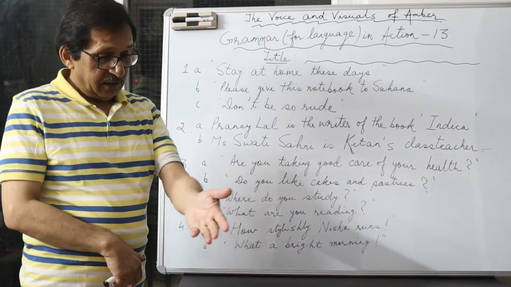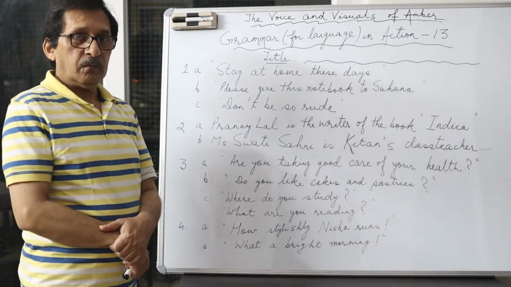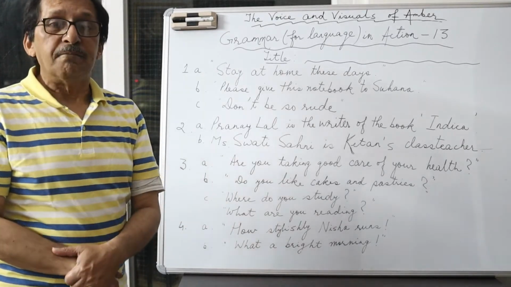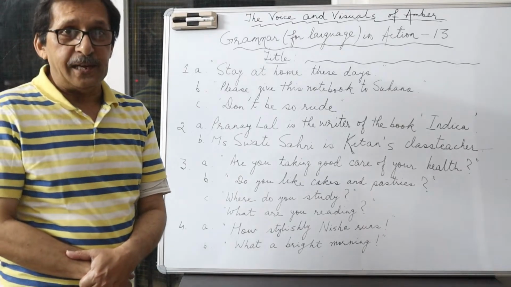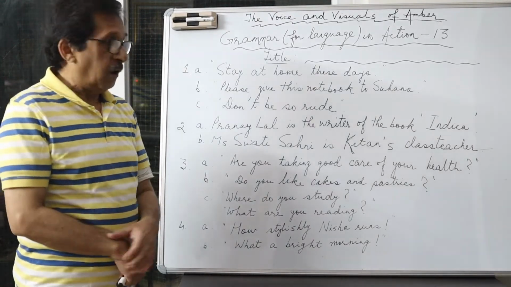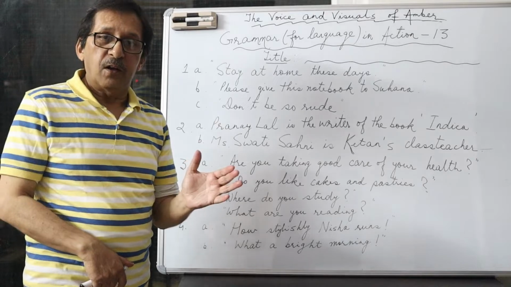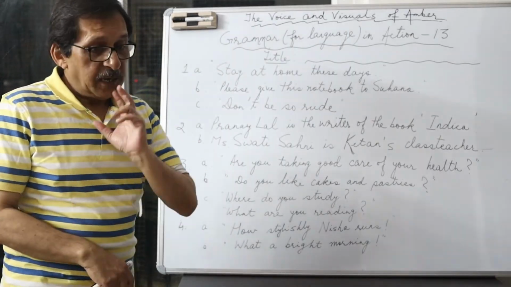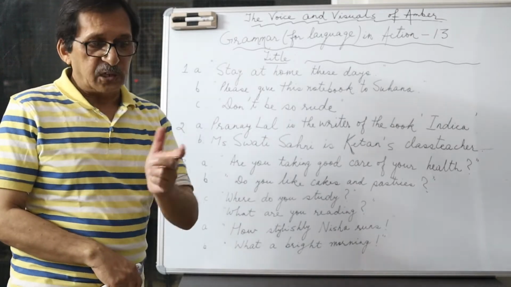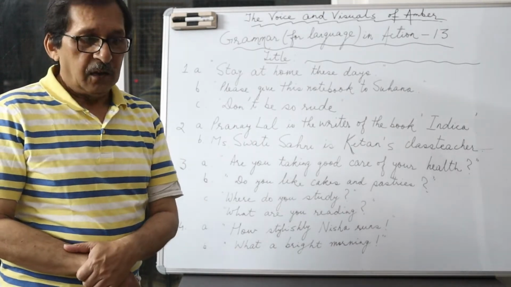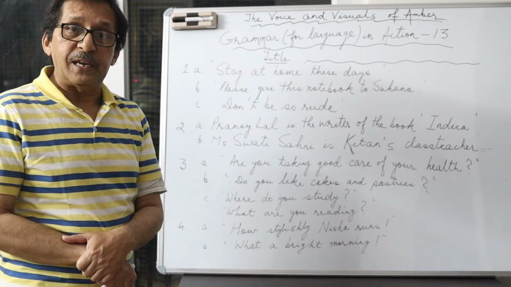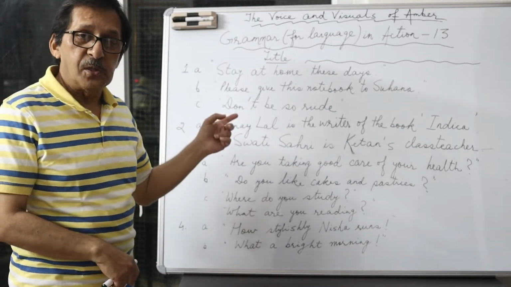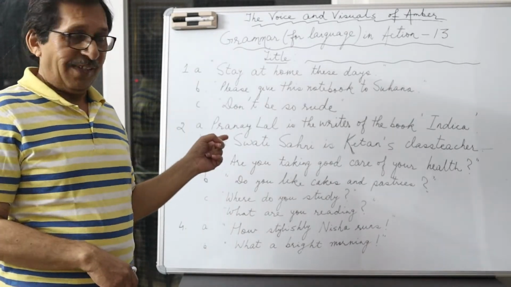Or we say, drink this. Or we say, take your medicines on time. So you, therefore, gets covered by the body language, the eye contact between the speaker and the person who is listening to the speaker. So you, therefore, is not stated.